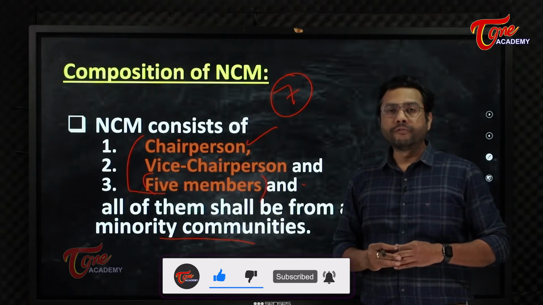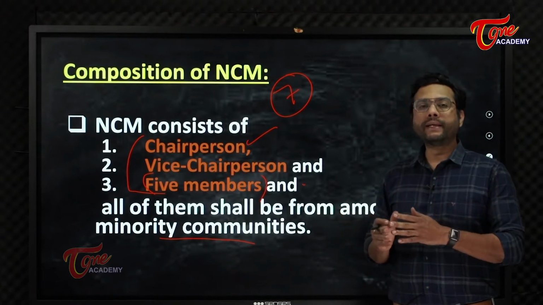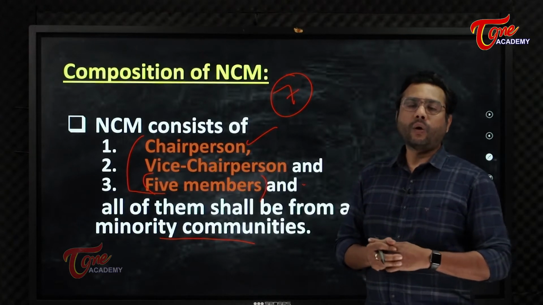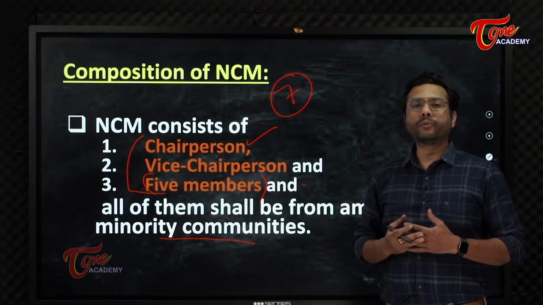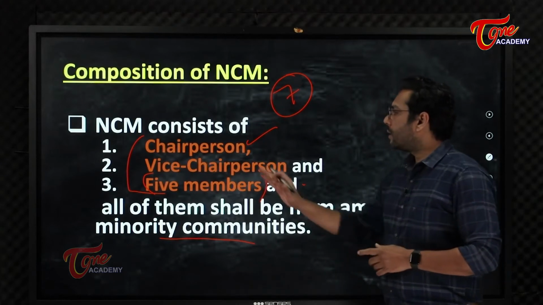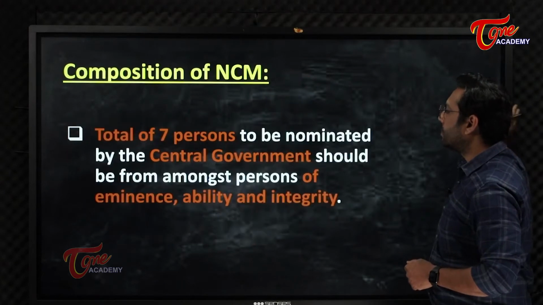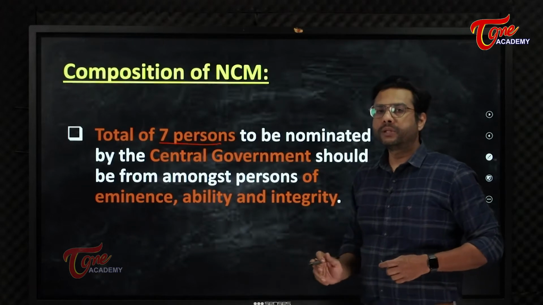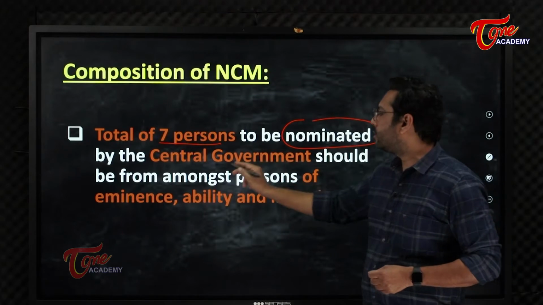The commission works for the development of the minorities, and it is mandated to give recommendations to the government on various aspects through which the government can bring policies and programs for the upliftment and progress of the minorities. And this is the composition of the National Commission for Minorities: in total 7 persons, 1 chairperson, vice chairperson and 5 members nominated by the central government.